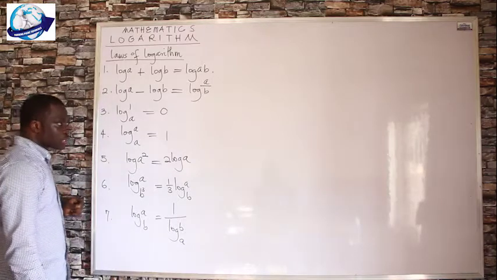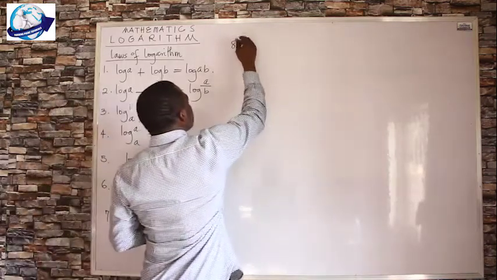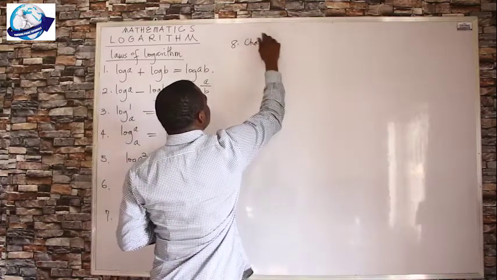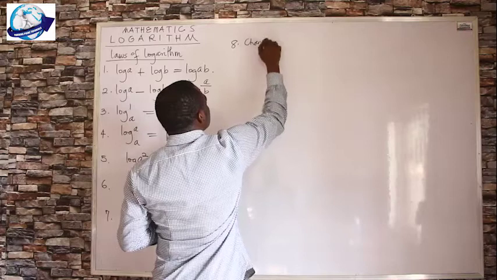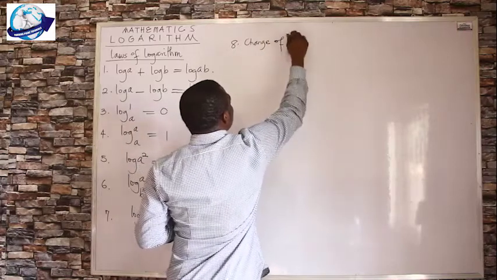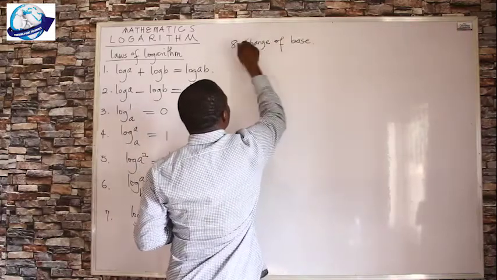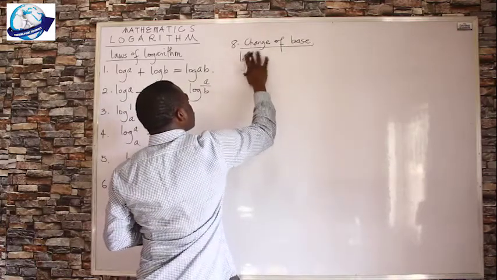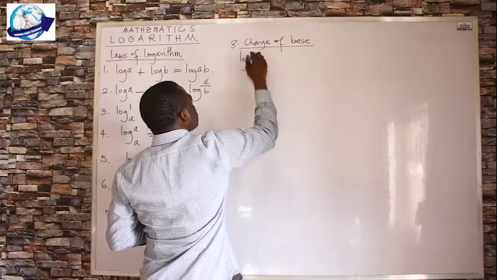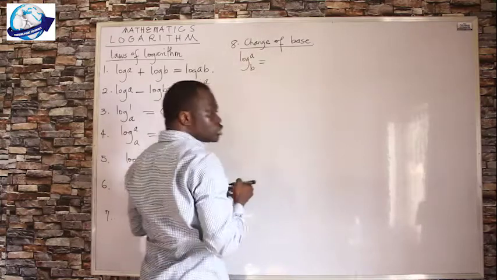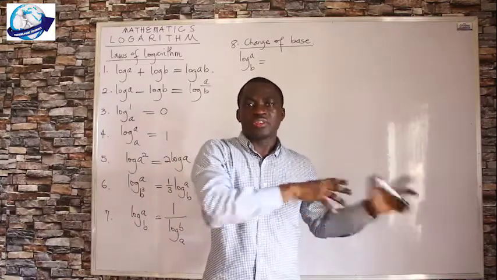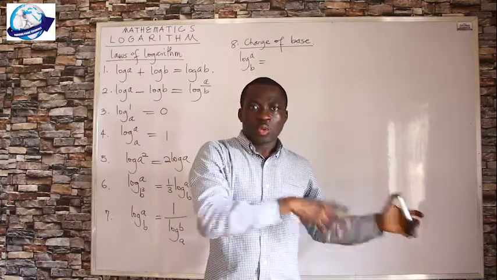And very importantly, there's one I want to add, which is number 8 now, which I call change of base. Meaning that if I have log A base B and I want to change the base from base B to something else, let us say base X. What happens to the B?